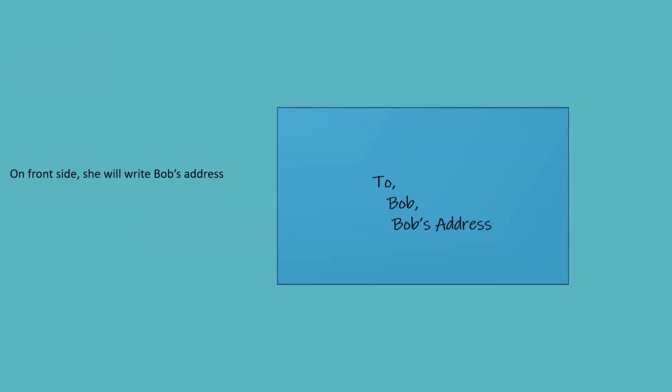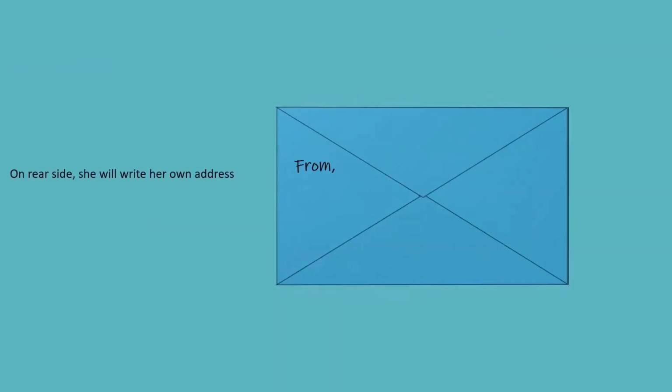For example, to Bob, because she's sending it to Bob, followed by Bob's address. And then she would flip it around, and on the rear side or the back side, she would put her own details. For example, from Alice and Alice's address. And then, of course, this will be mailed or sent out.